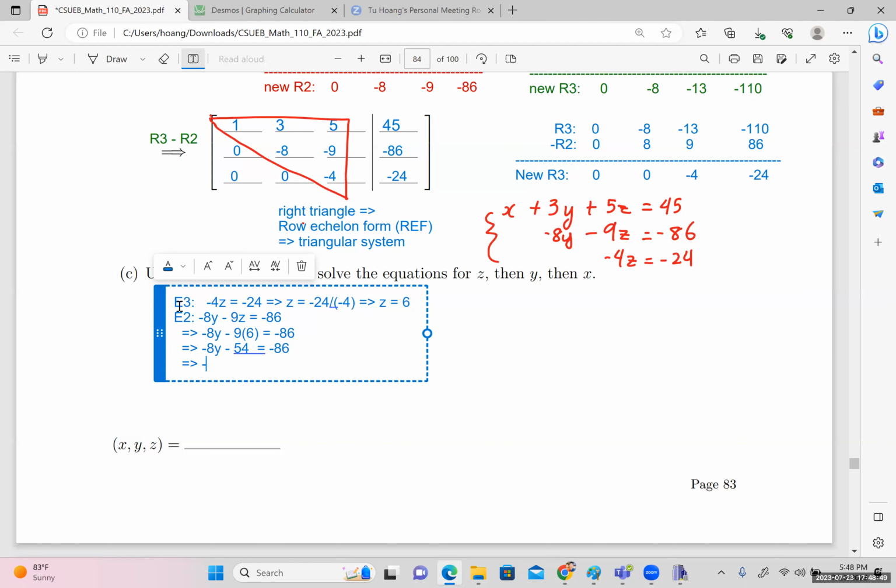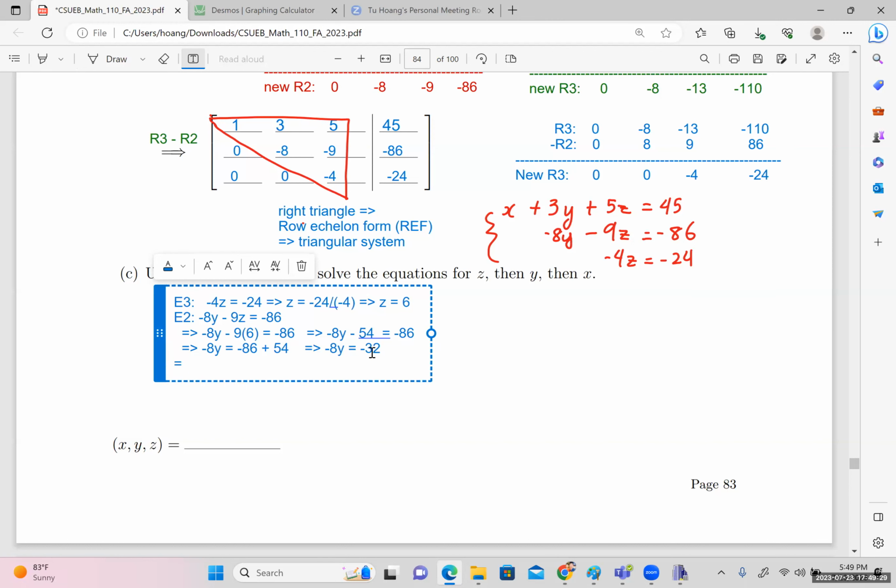Adding 54 to both sides, you will have negative 86 plus 54, and that gives us negative 8y equal to negative 32, right?